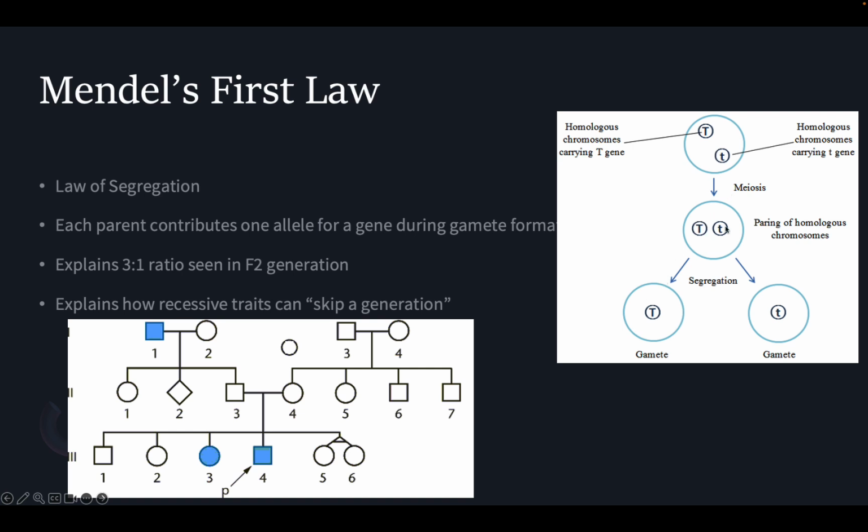When they are going to make their gametes, the gametes segregate, right? The chromosomes segregate, and one gamete gets the dominant allele, one gamete gets the recessive allele. And that's how we can get that 3-to-1 ratio we saw in the F2, and how recessive traits, like we see here, can skip a generation and pop back up again.